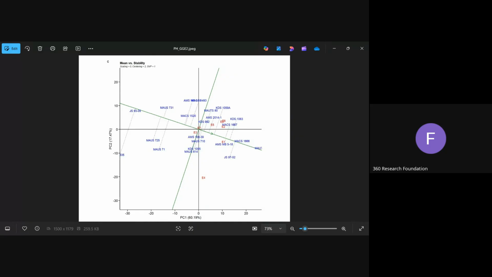Yes, Raj. Sir, that genotype MAUS 710 is located on the vertical line of that PC1, but how can we correlate it with the average mean, that green line, sir? Just see where it is connecting.